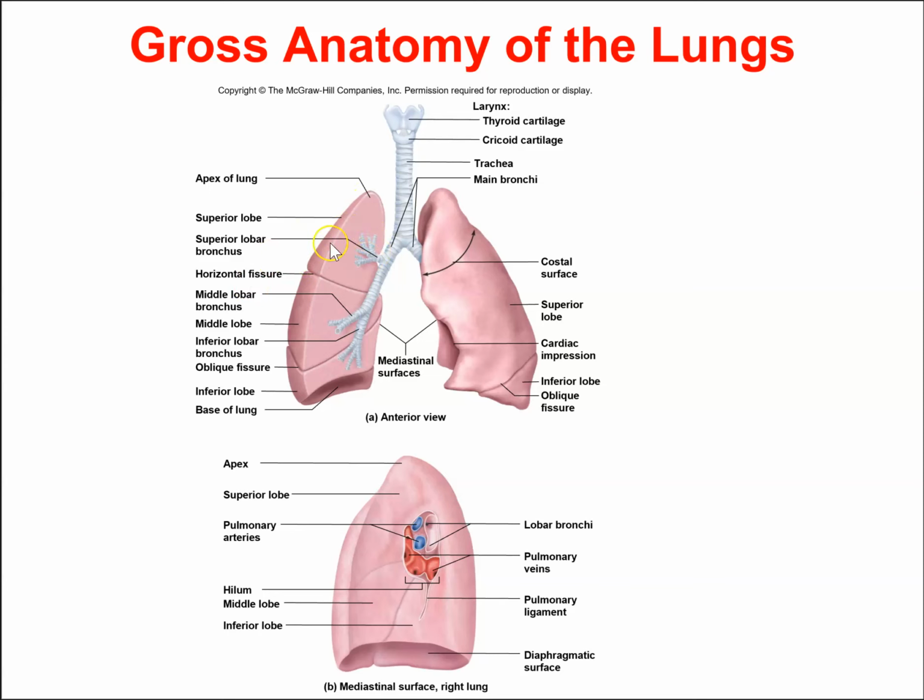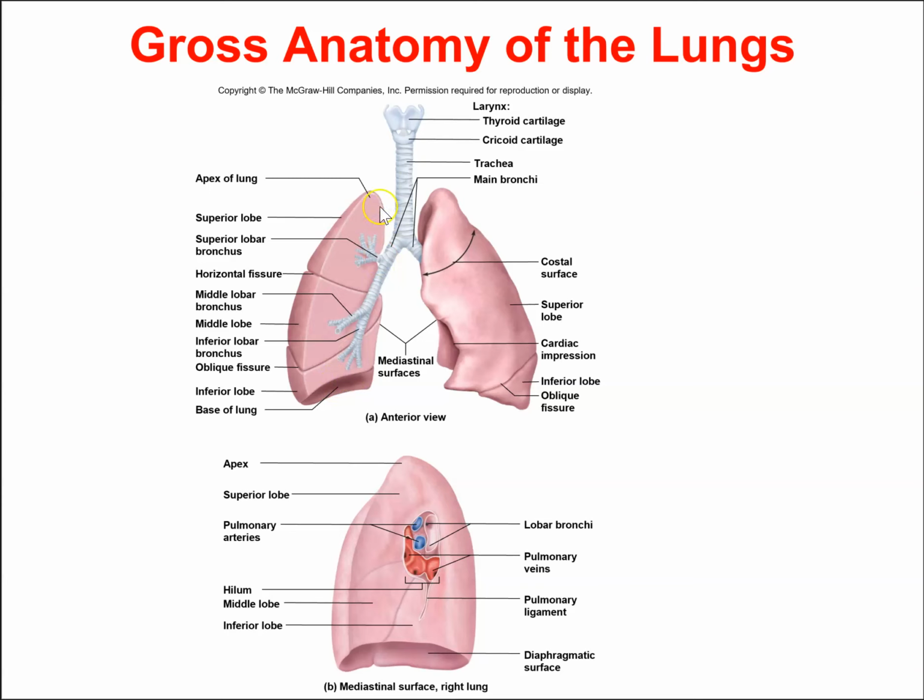So the lungs have a base. The base of the lung is a concave portion that rests on the diaphragm. The diaphragm is the muscle that divides the thoracic cavity from the abdominal cavity.